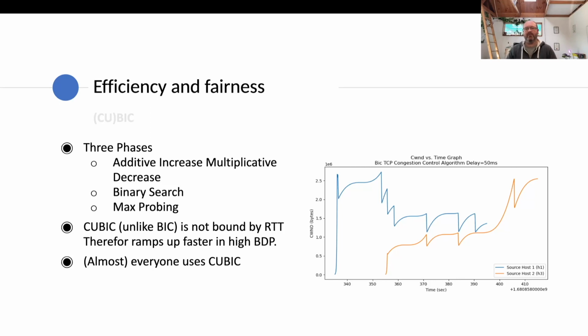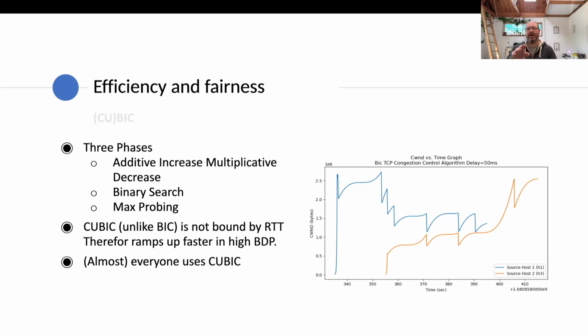It uses additive increase and multiplicative decrease. It uses a binary search. So once it hits that maximum throughput, here I've got 250 meg, it'll back off. Instead of backing off 50%, it'll only back off about 1/8.